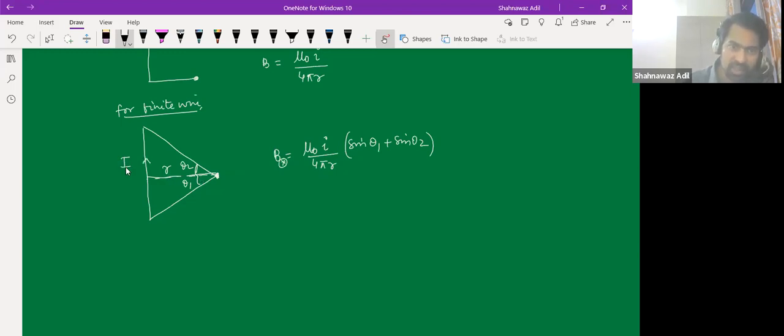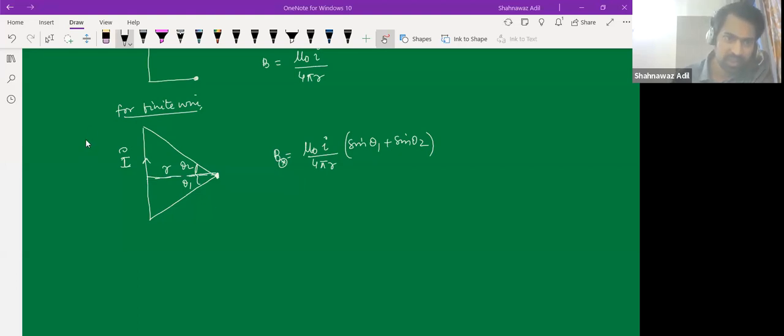The direction is found using the right hand thumb rule: we place our thumb along the current, and if we curl our fingers on the right hand side, it is going inside. So that is how we got inside on the right hand side.